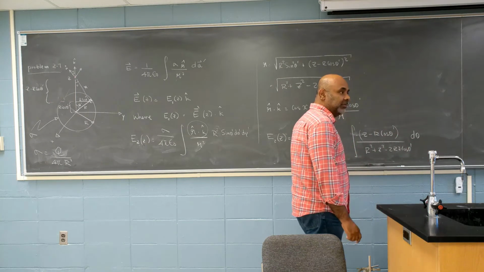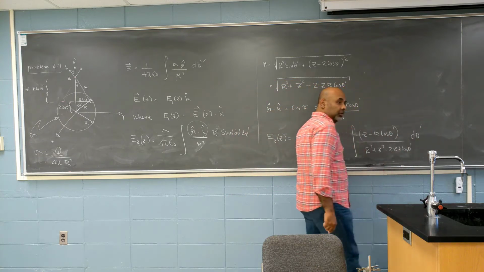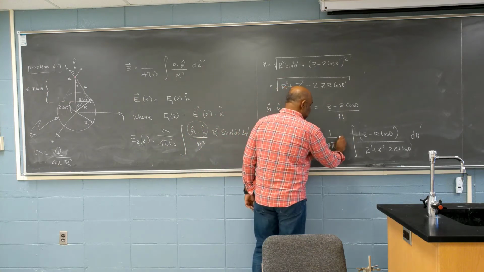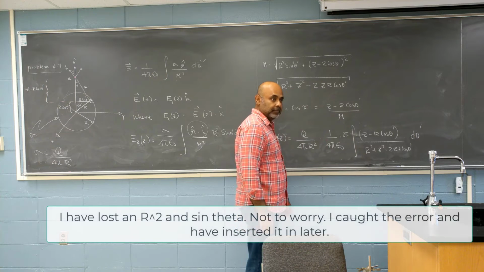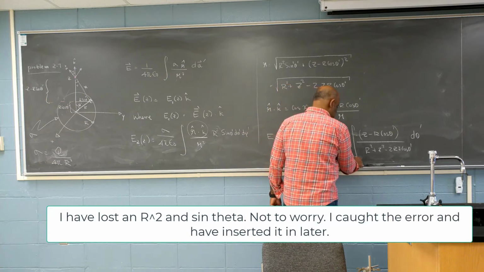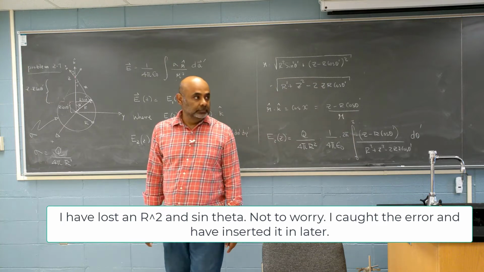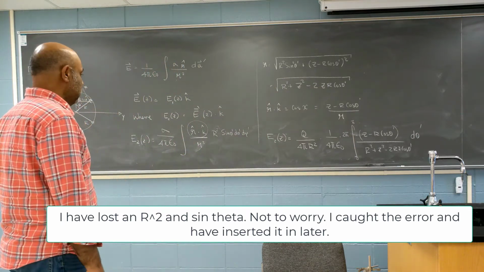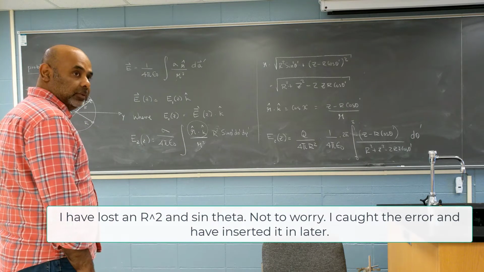I'm going to do the phi integral because phi doesn't show up at all. So I simply get a 2 pi. And this is 0 to pi.